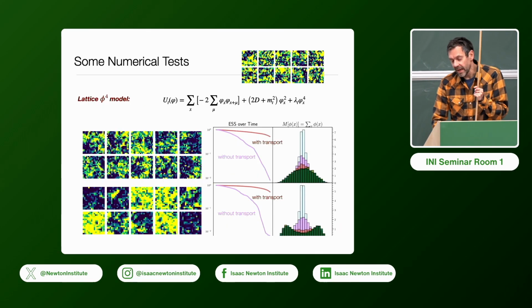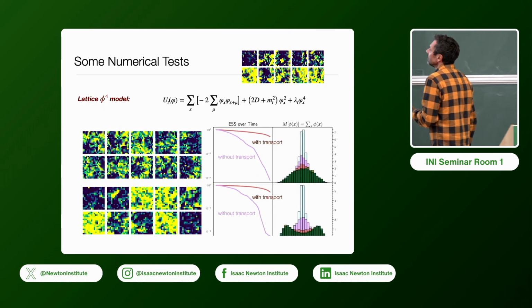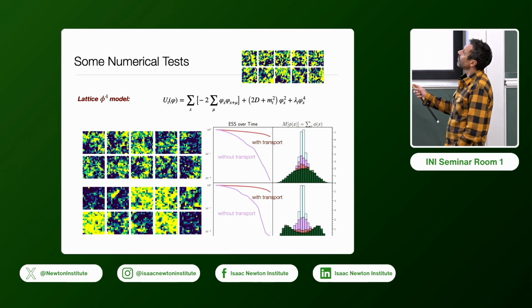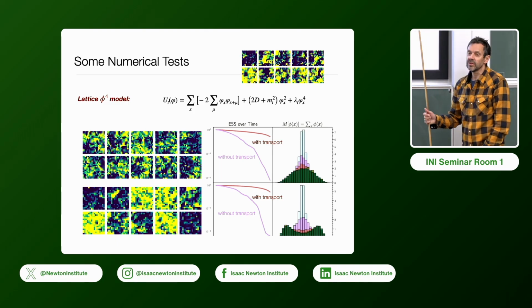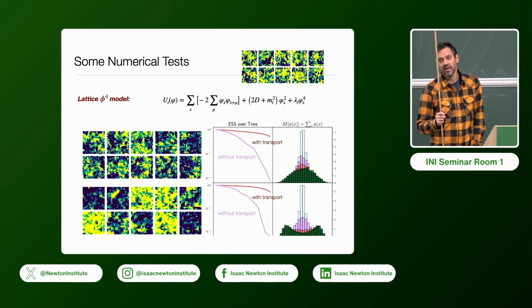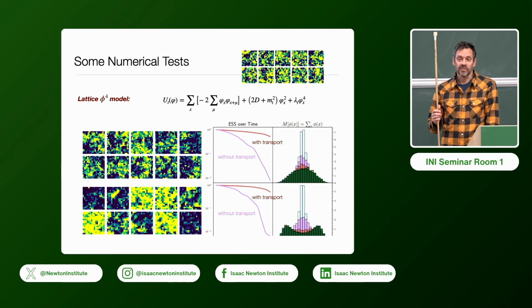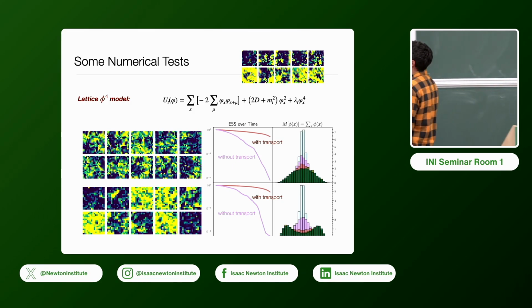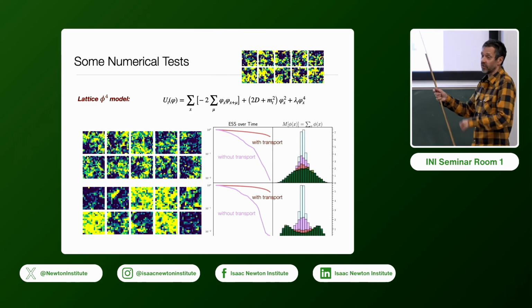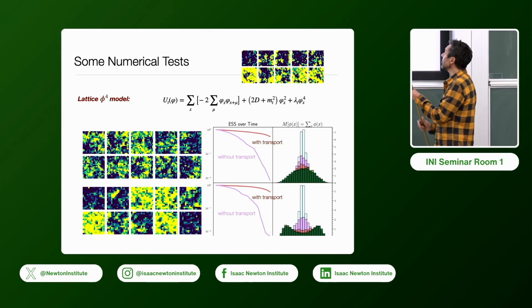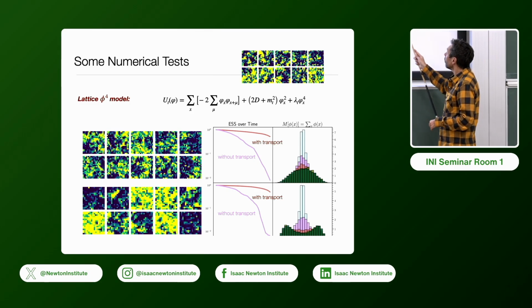Here's another example: the phi-4 model. You can think about this as a continuous version of an Ising model, in which the spins are not plus or minus 1 and they're not on the sphere; they're on R. They're on a grid, and they have an exchange term, which is the equivalent of the summation over nearest neighbors, and then there is a quartic term.